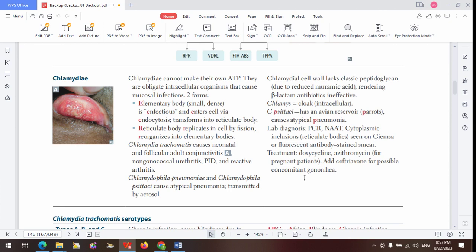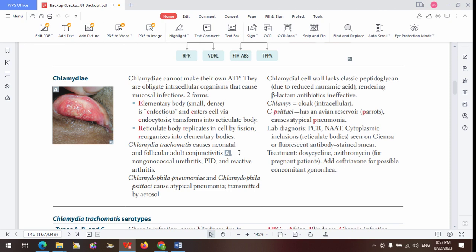That's a major one. In people that are pregnant, where we want to avoid doxy, we can give azithromycin. And we remember when I was talking about treatment of all these urethritis and PID, we know that both of them are commonly caused by Neisseria and chlamydia. So if you have made diagnosis of one and you have not ruled out the other, you have to give antibiotic cover for the other one.